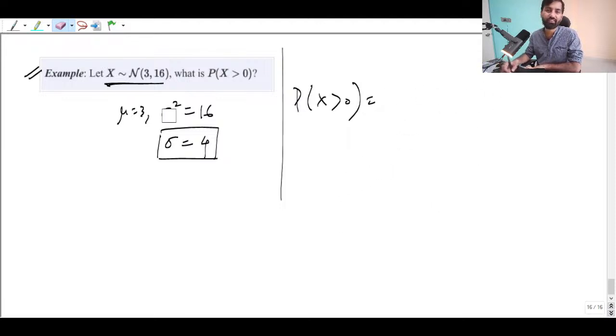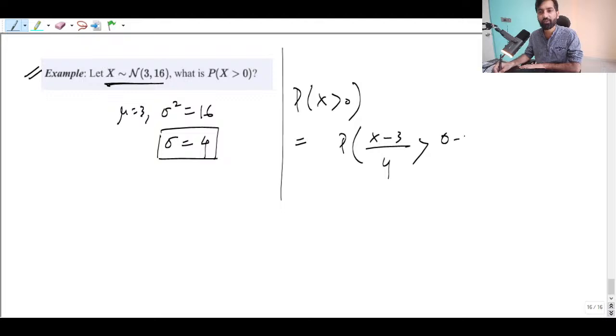That is also a point I need to mention. If you are subtracting something, x minus mu, which is 3, by sigma, here also you have to subtract. Whatever manipulation you do, you have to execute on both sides: 3 by 4, 3 by 4.